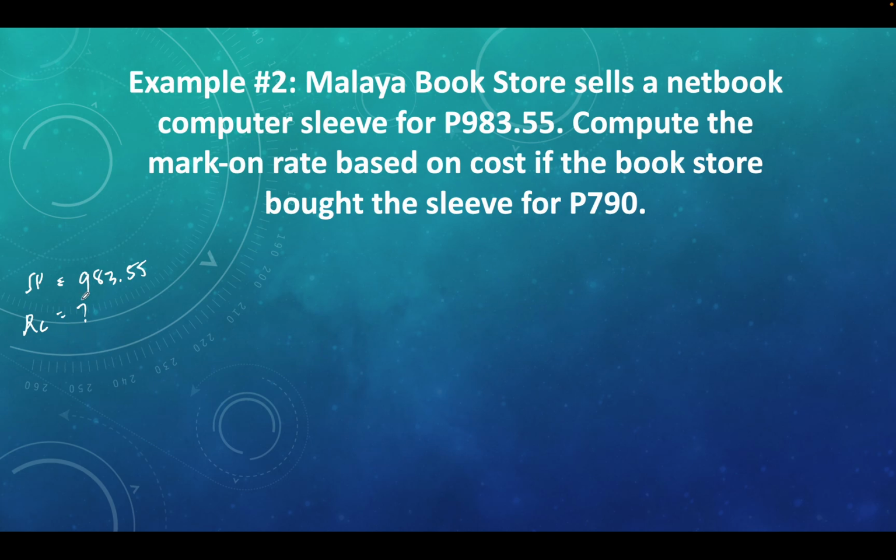Tapos, bought the sleeve for 790, which is their cost, 790. Okay? So, from our past lesson, again, rate based on cost natin yung missing, check lang natin kung ano yung formula na meron tayo.